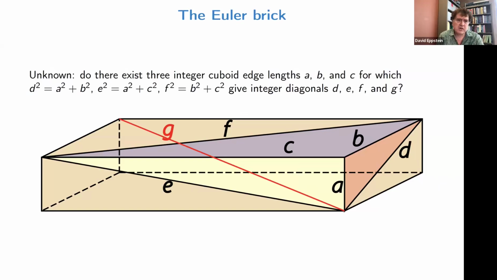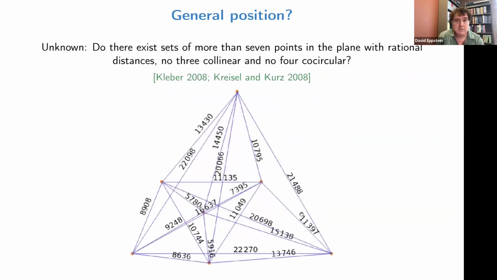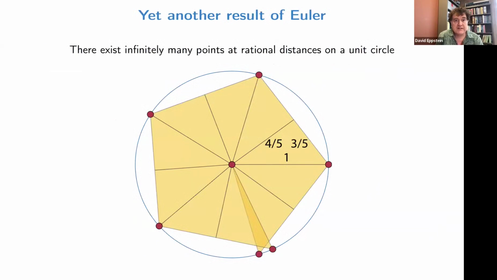Another observation of Euler that's also closely related to this question of what point sets can have integer or rational distances is this construction, that there exist infinitely many points at rational distances from each other on a unit circle.